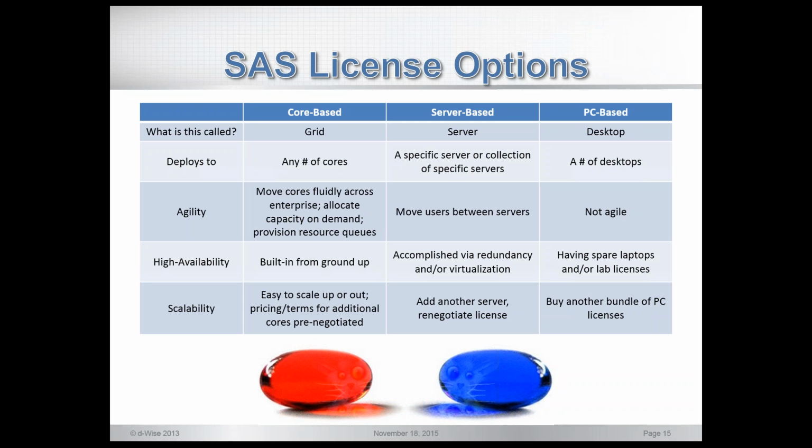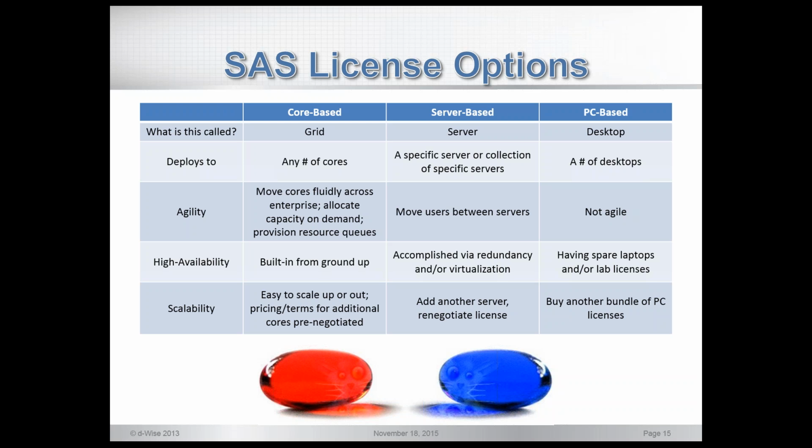So you don't have to bring a whole server offline to make a change. You can bring one of the nodes offline. I haven't really talked about what nodes are, but a node is the grouping of cores that actually is the SAS compute resources. So a grid is a grouping of multiple nodes, 2 nodes, 4 nodes, maybe even 20 nodes. You don't have to take all the nodes offline at any given time. You can take 2 nodes offline, perform maintenance on them, and keep 80%, maybe 90% of your capacity online. That creates a lot of agility.